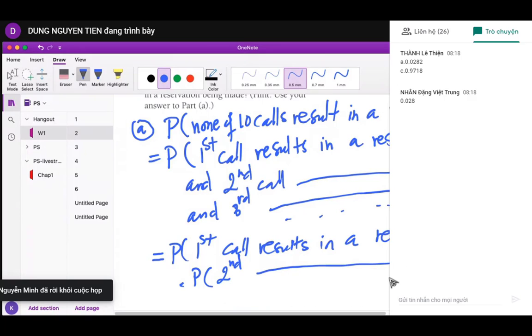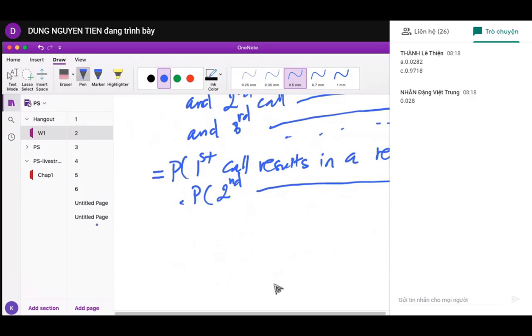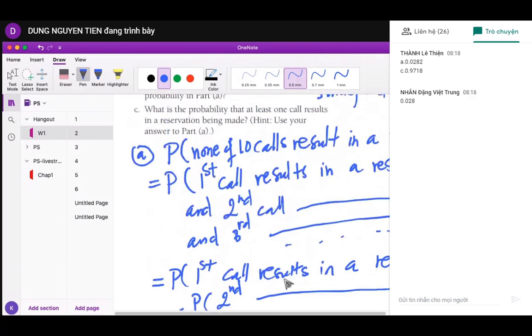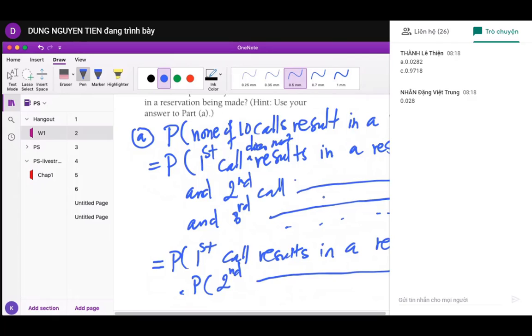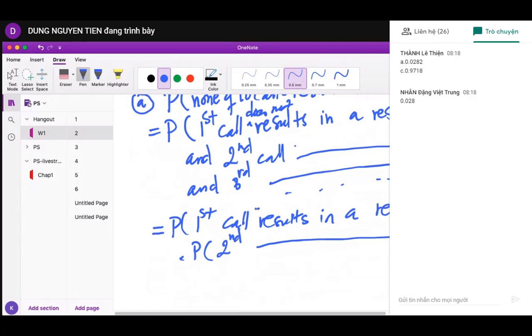Okay, that makes sense. I'm sorry, I need to change a little bit. Not results, so this should be does not. The second call does not, and the third call does not result in a reservation, and so on.